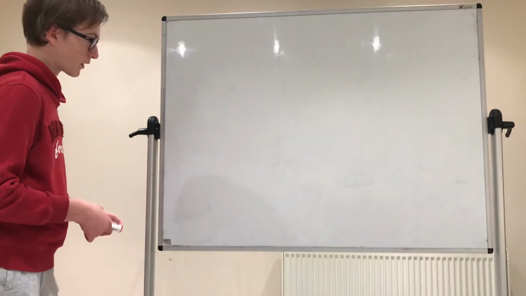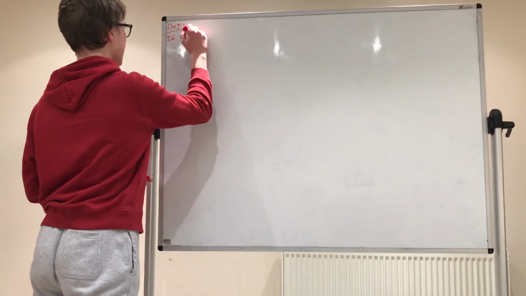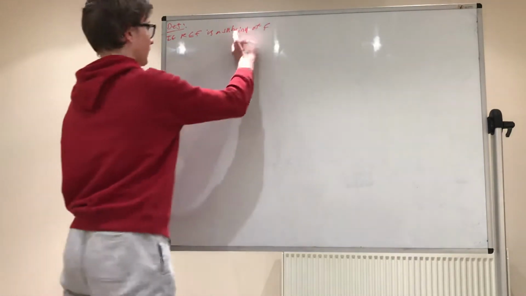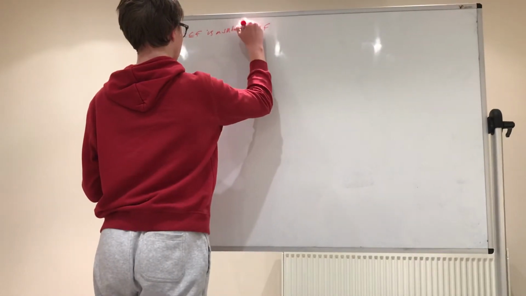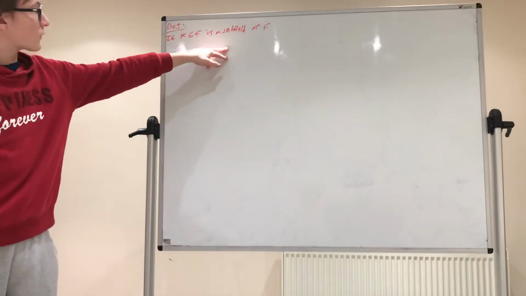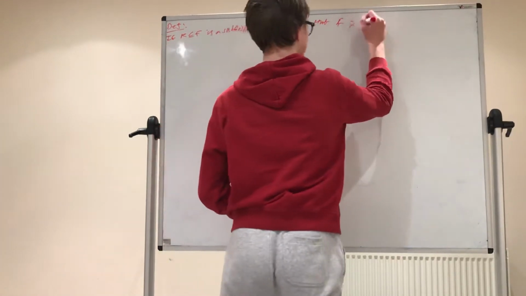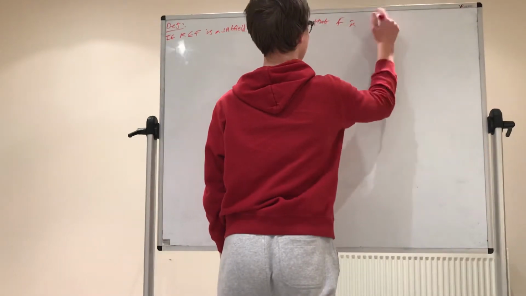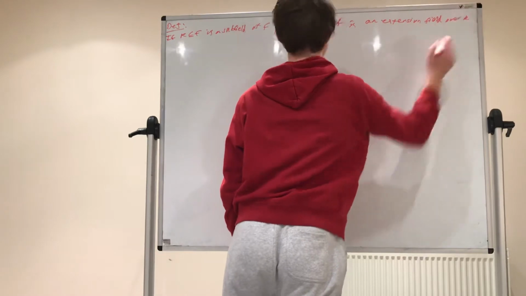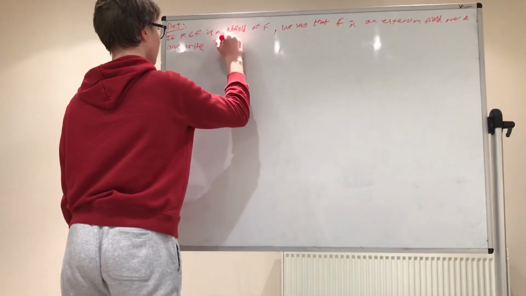So first of all, I'll begin with the definition of the thing we're going to be studying today. If K, a subset of F, is a subring of F, and it's also a field, so it's a subfield, then we say that F is an extension field over K, and write it something like this.